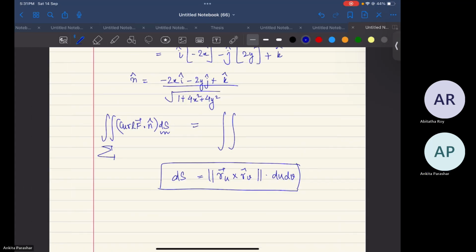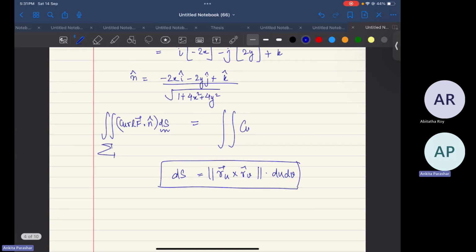We do not have u and v, but we have dependent variables x and y, so everything will be in terms of x and y. So it will be curl f dot n, and then we have norm of rx cross ry times dx dy. This is how we compute the small surface area, over the region over x and y.